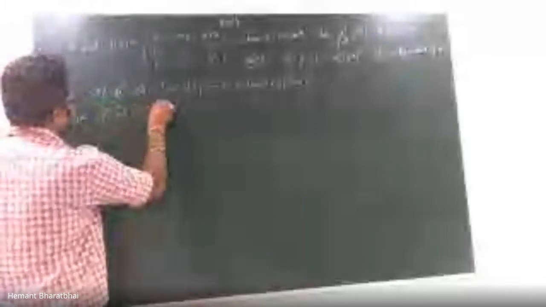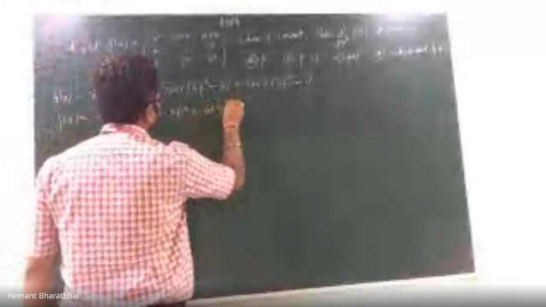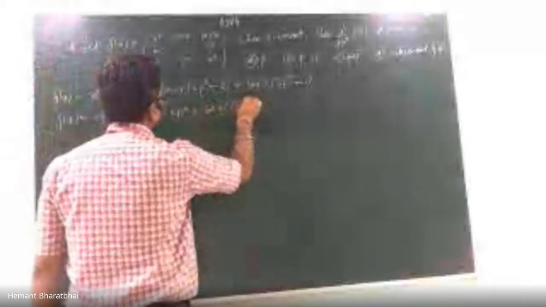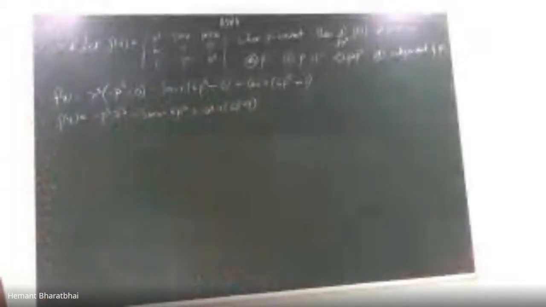So this is the value of the determinant. Further simplifying, f of x is equals to minus p cube into x cube, minus sine of x into 6p cube, plus cos of x into 6p square plus p. So this is the value of f of x.